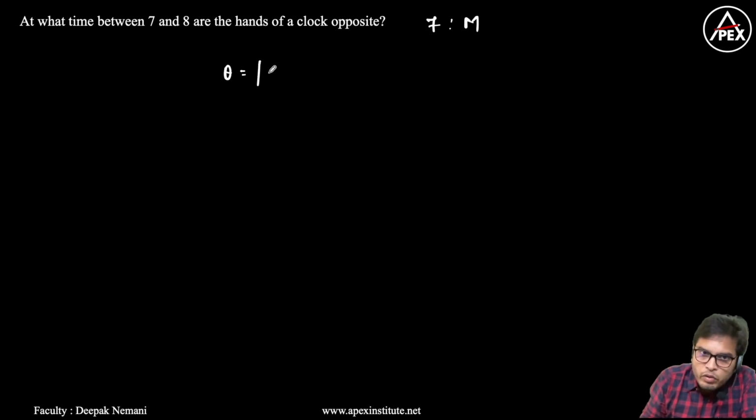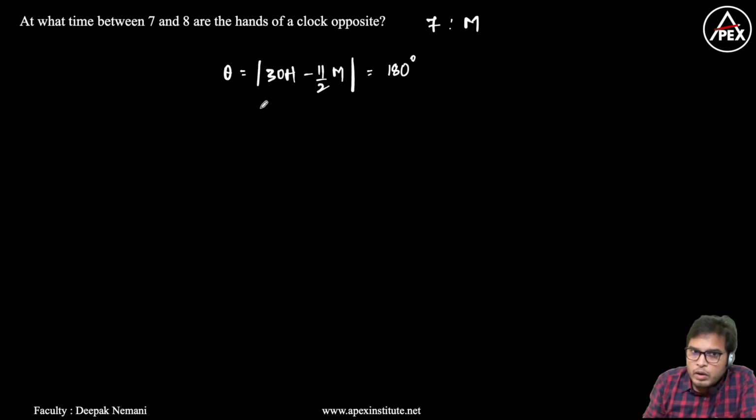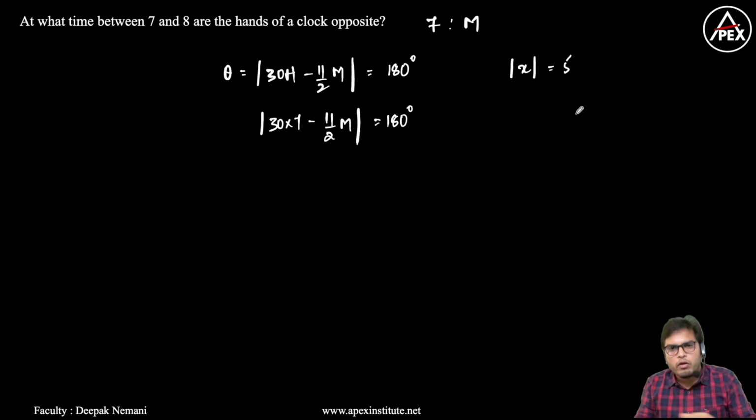Right? So we know that this is 30h minus 11 by 2 m with a modulus. Right? And if they are opposite to each other, the angle between them should be 180 degrees. Right? Now let me replace h with 7. So 30 into 7 minus 11 by 2 m, and this should be equal to 180 degrees. Now let's understand modulus here. Now, for example, if you are given that mod x is equal to 5, what can be the value of x?